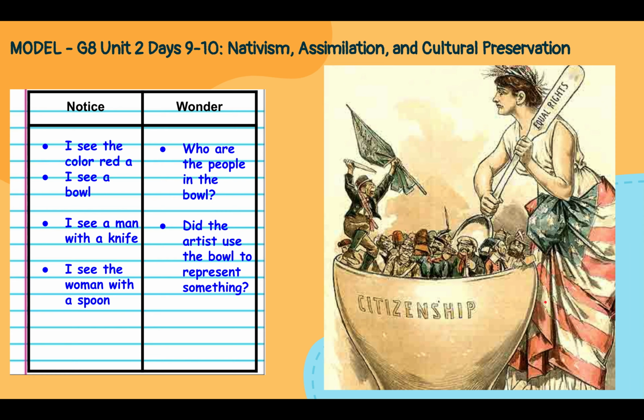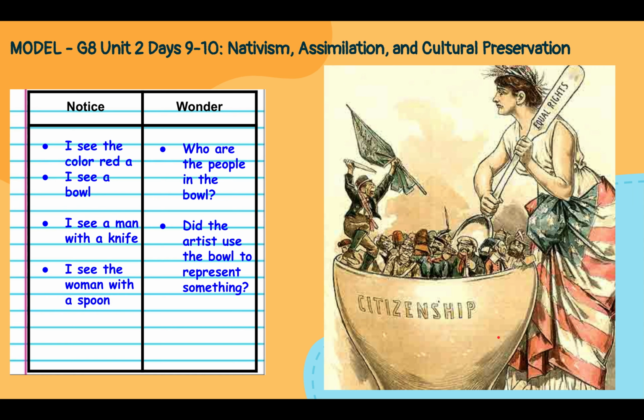Now, I wasn't able to get every single detail, but maybe you will be able to capture those details that I missed, and I'm sure you will. And here, I wrote down, I see the color red, I see a bowl, could be a cup, I'm not sure. I see a man with a knife, and I see a woman with a spoon.